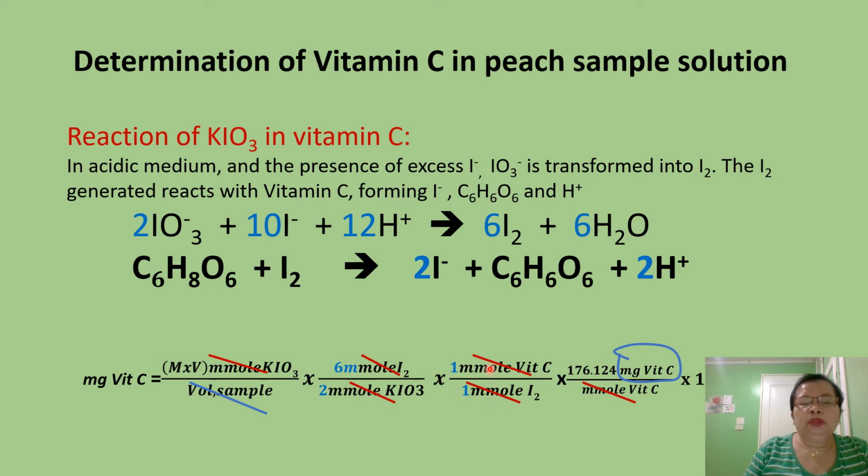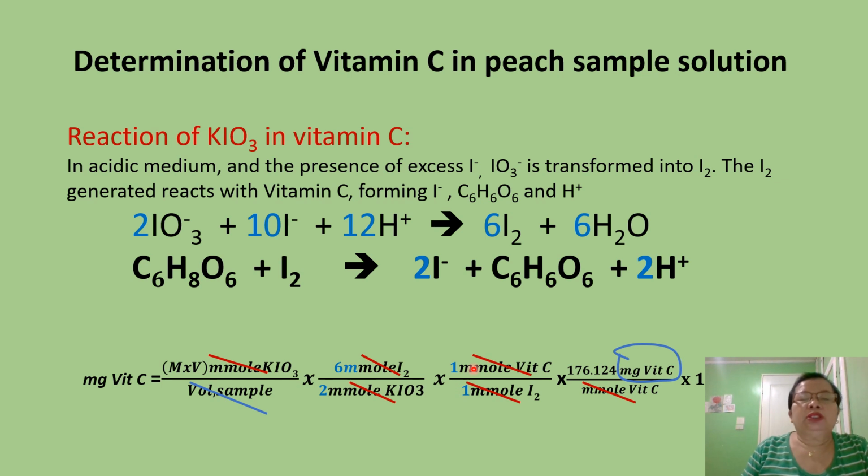Now we have to change this millimole vitamin C into milligram vitamin C by multiplying this the molar mass. The molar mass of vitamin C is 176.124 grams per mole.